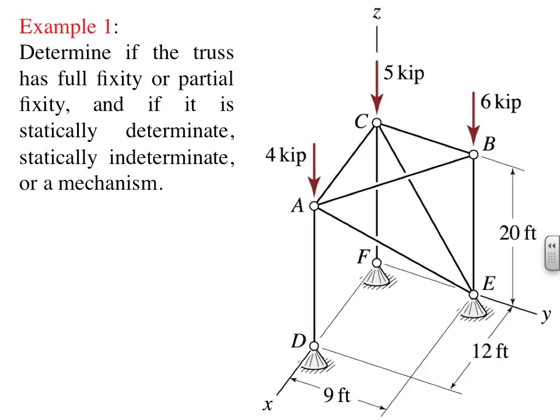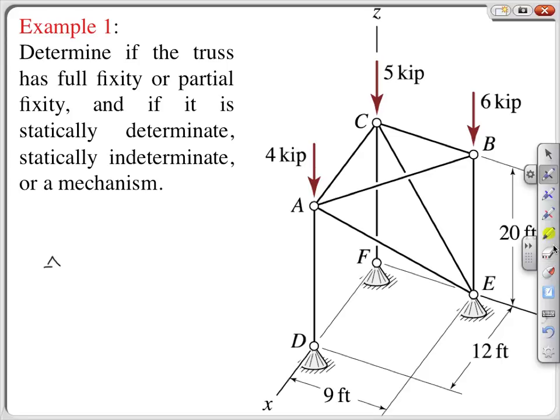Here it may be helpful to consider pin supports in 2D. I'll make a note here in 2D. Suppose we have a couple of pin supports here, and we have a structure that looks like this. This is not a stable configuration because this is going to have a rotational mode.